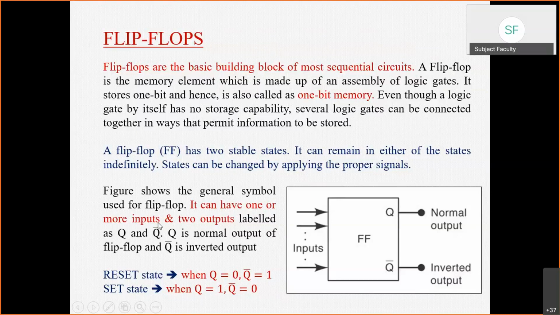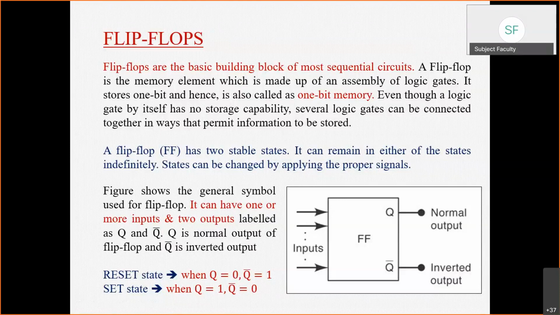One or more inputs and two outputs. I have already mentioned that it may be either one or more, depending on which type of flip-flop you are using. We will see 4 types of flip-flop in our discussion.